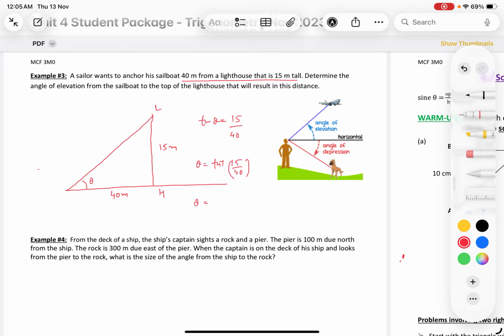That will be your answer. Tan inverse of 15 by 40 is 20.55, or you can round it off to 21 degrees.